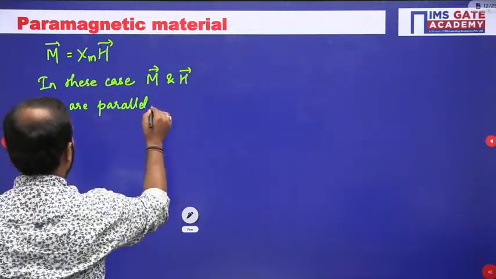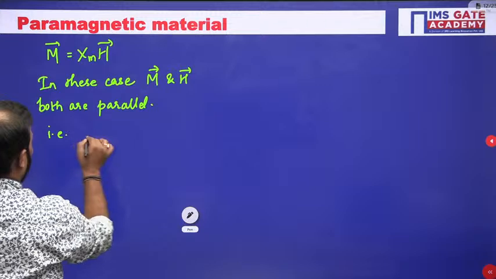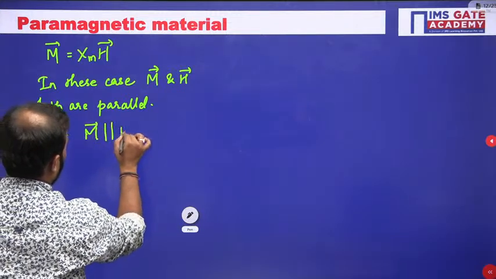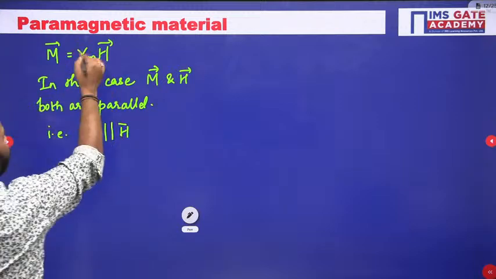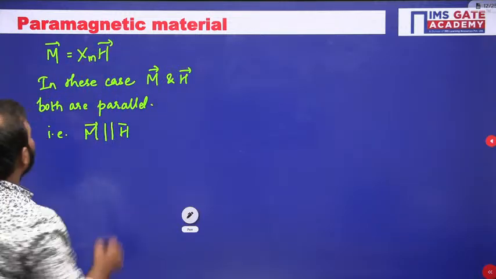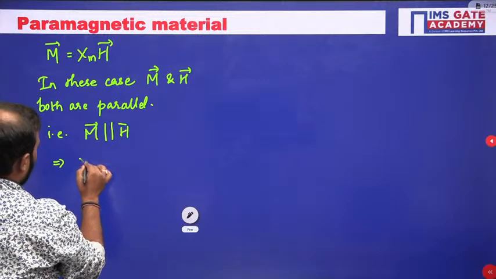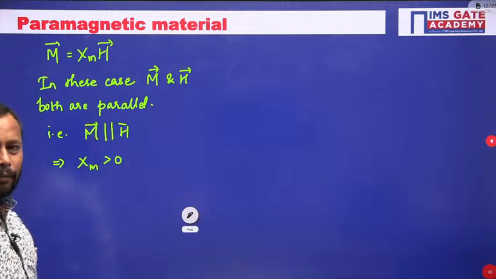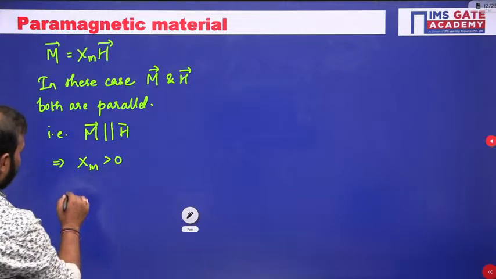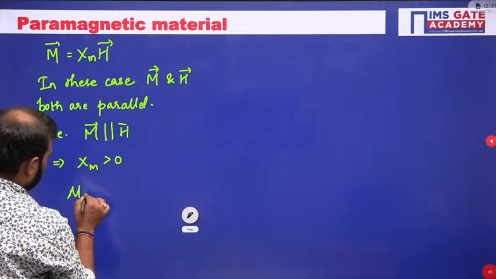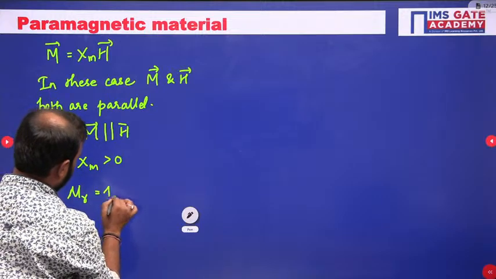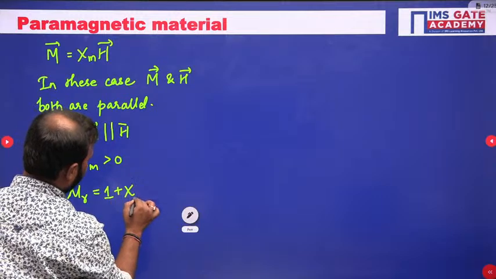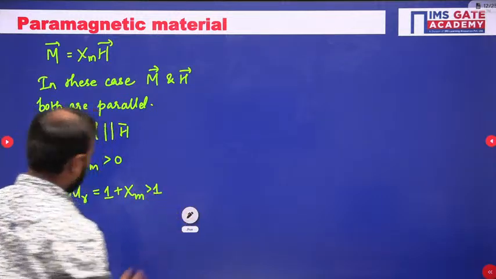So can I say that M is parallel to H? What does it imply from this equation? We can say that chi M is greater than 0. So your mu R, which is equal to 1 plus chi M, is going to be greater than 1.